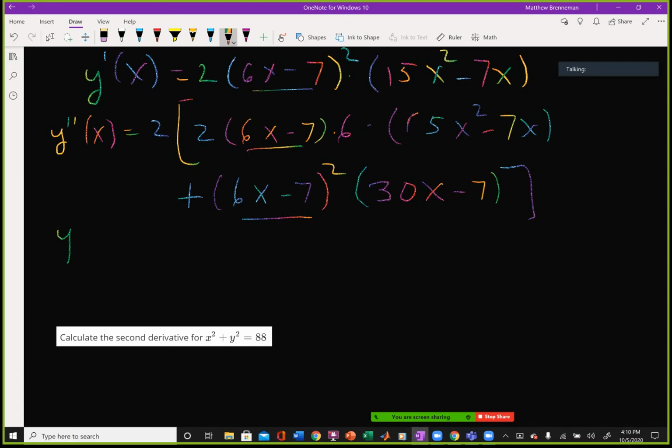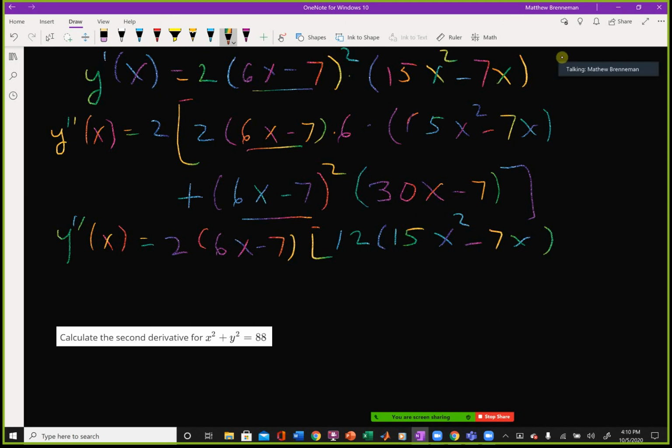Okay, there we go. So y double prime is equal to 2 times the quantity 6x minus 7. And if I look here, I'm going to have what? 12 times 15x squared minus 7x.